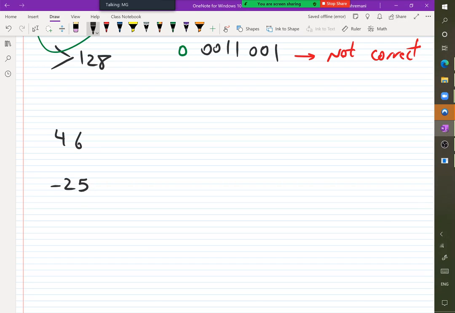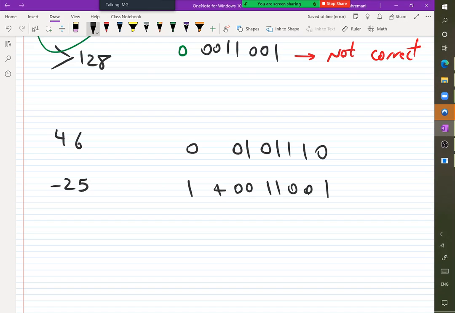How can we do that? First we write 46. 46 in sign magnitude is, this one is a sign bit, 0, 1, 0, 1, 1, 1, 0. Negative 25, this one is 25, 0, 0, 1, 1, 0, 0, 1. Because it's negative, we put 1 here.